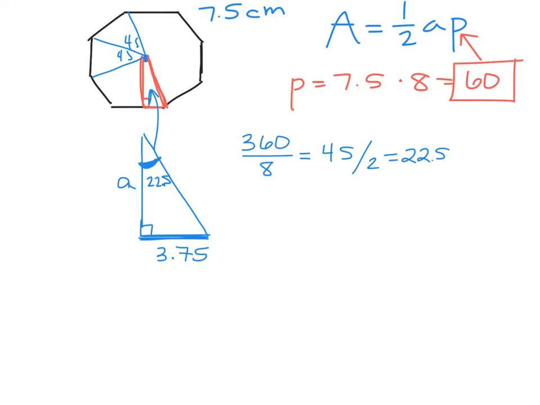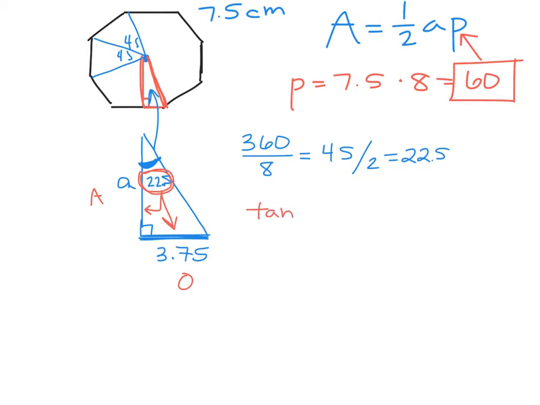Okay, so you have a triangle where we have one side, we have an angle, and we're looking for another side. How do you solve for A? Sohcahtoa, right? So from the angle, we have which two sides? The opposite and the adjacent. Which trig function is that? Tan.